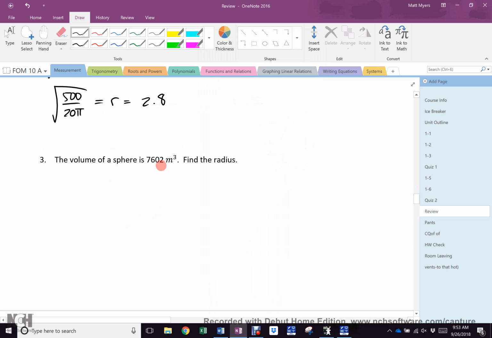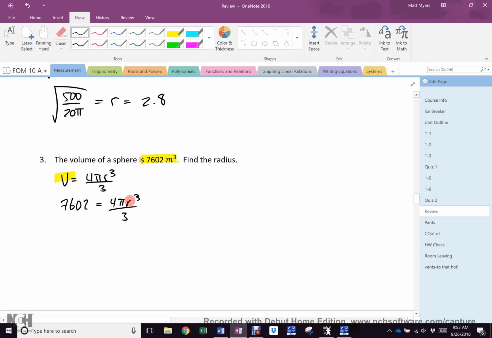The volume of a sphere is 7,602 meters cubed. Find the radius. Volume equals 4 pi r cubed over 3. You know the volume, so you fill it in. 7,602 equals 4 pi r cubed divided by 3.